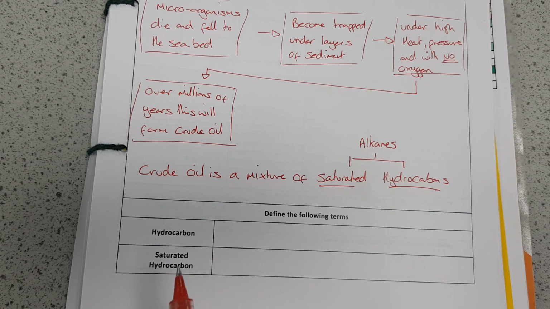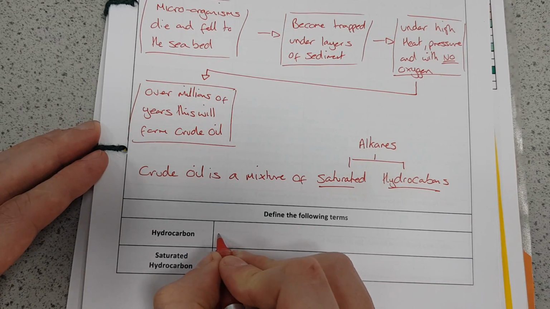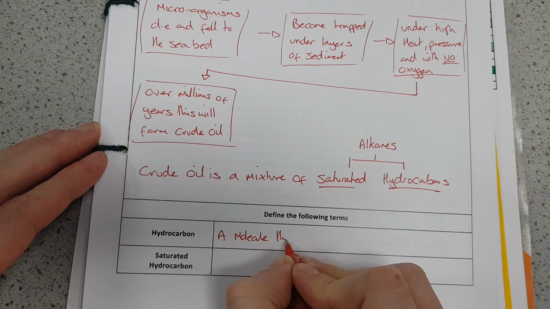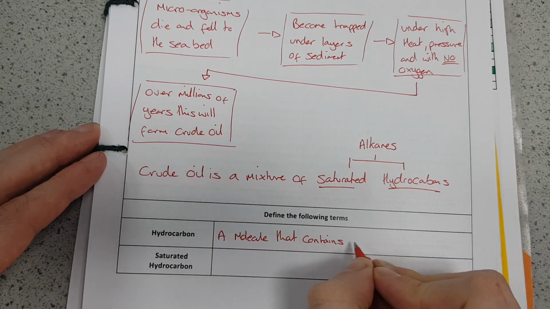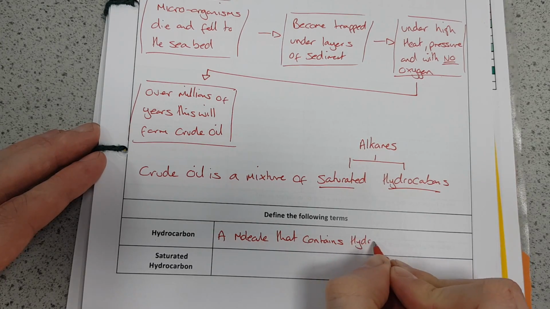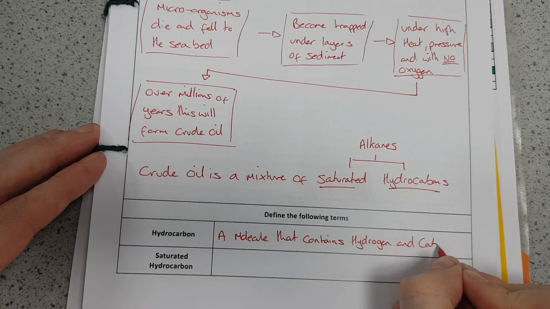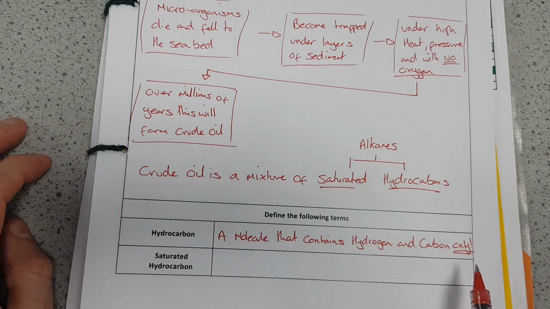Our definition of a hydrocarbon is reasonably simple. It's a molecule that contains hydrogen and carbon only, nothing else. That's really key.